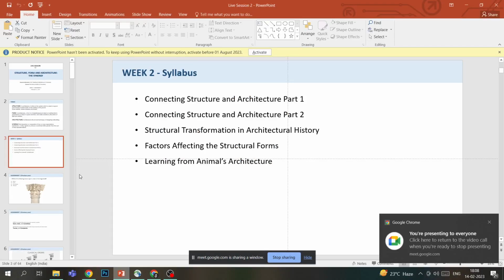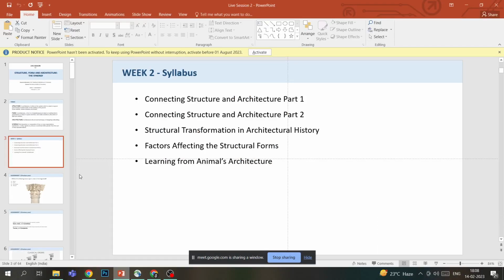So the 5 points covered in this lecture about the relationship of structure with architecture were ornamentation of structure, structure as ornament, structure as architecture, structure accepted and structure ignored. These terms seem a little confusing, but if you have watched the NPTEL session, then you would have understood what they actually mean.